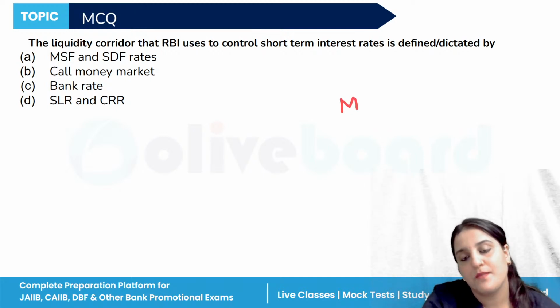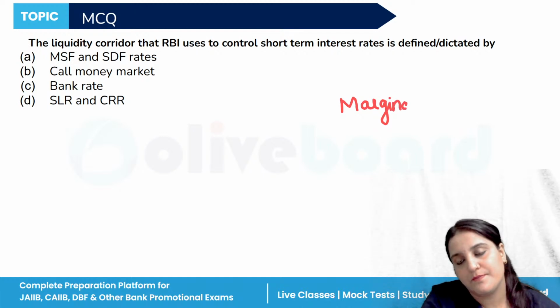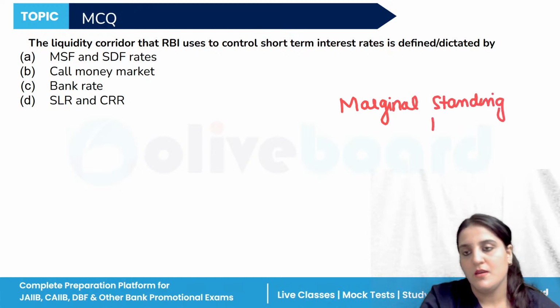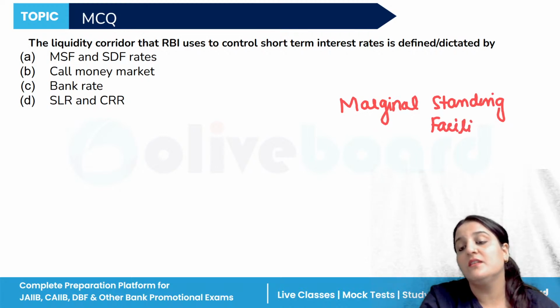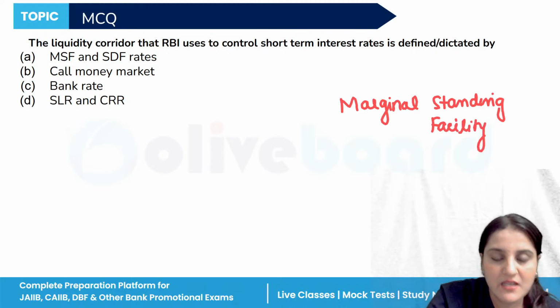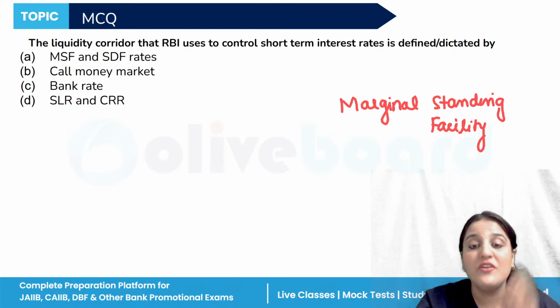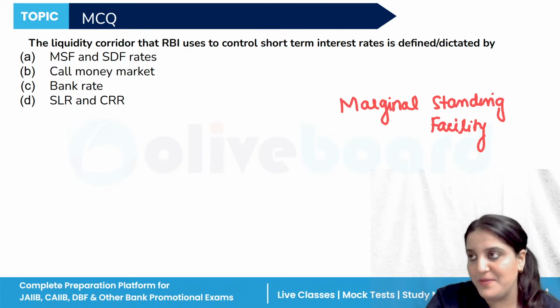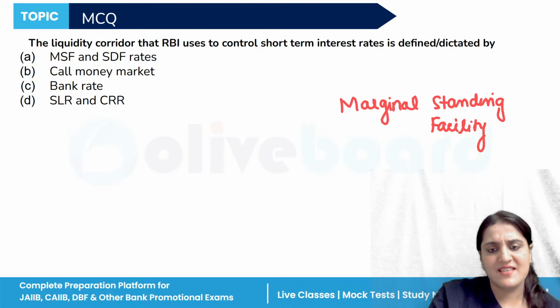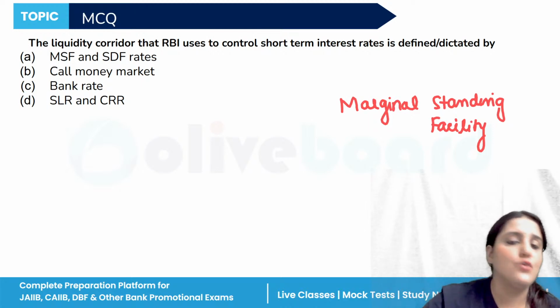MSF is marginal standing facility. This is the rate at which banks can borrow the overnight funds from the RBI by pledging government securities. It also serves as the upper limit of the liquidity corridor.